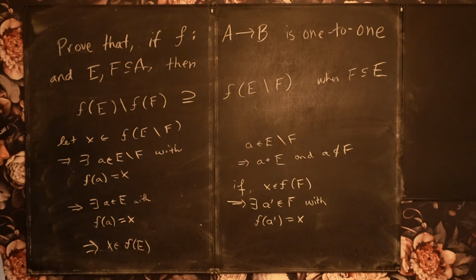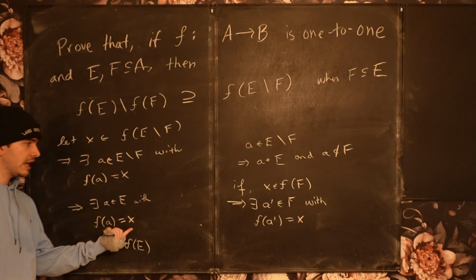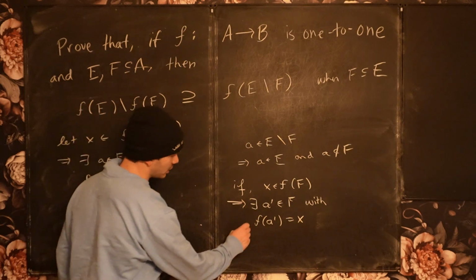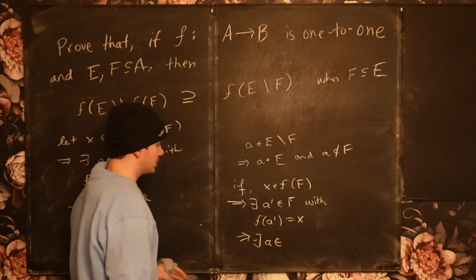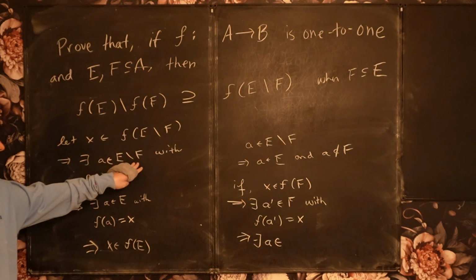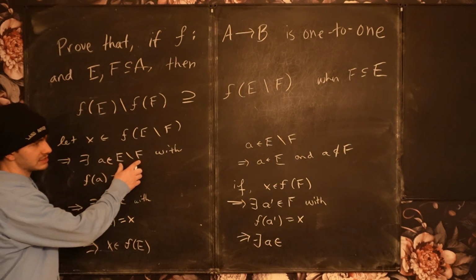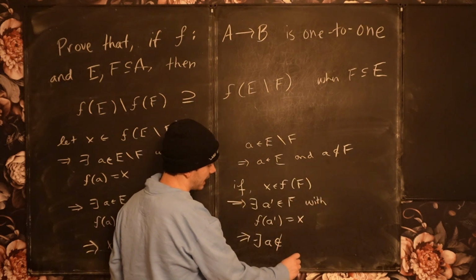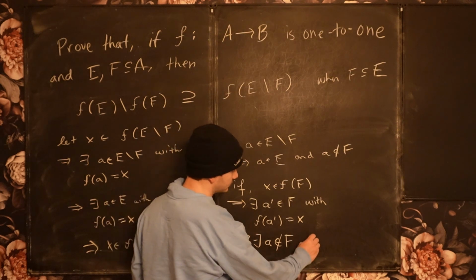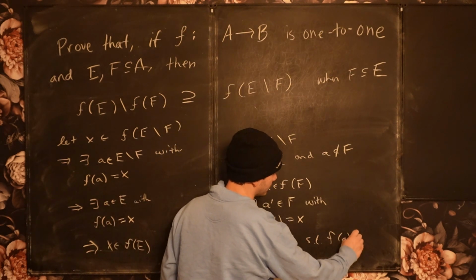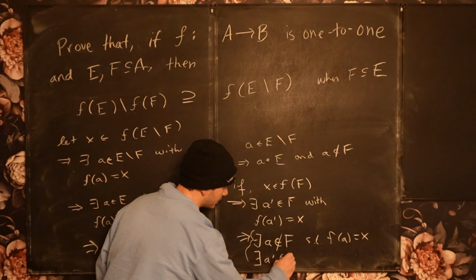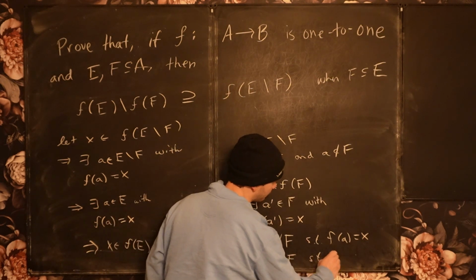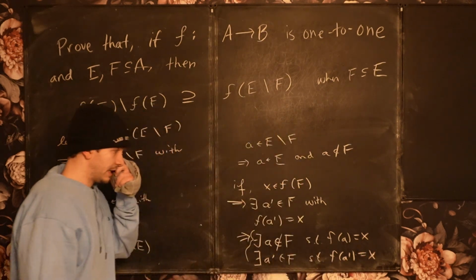But this cannot happen because we know that f of A is equal to x, and A does not belong to F. So A is in E set minus F, which tells me that A is not within F. So there exists an A not within F such that f of A is equal to x, and there exists an A prime within F such that f of A prime is equal to x.